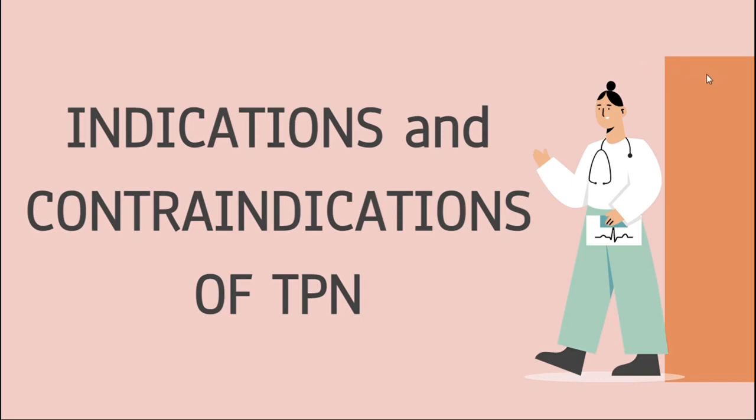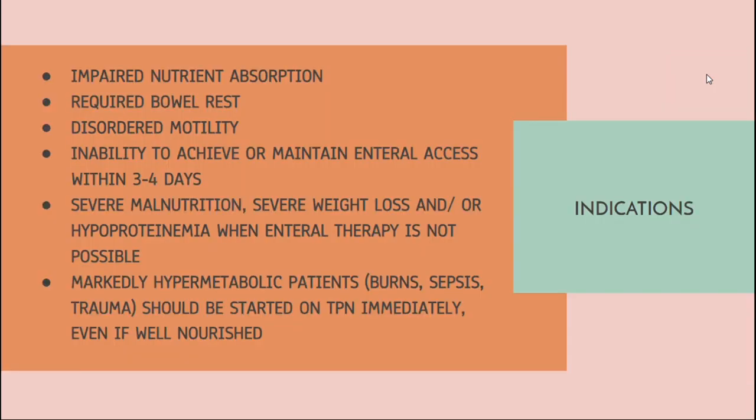Indications and contraindications of total parenteral nutrition. Indications of TPN. First is impaired nutrient absorption, such as short bowel syndrome, enterocutaneous fistula, where distal access cannot be established, or small bowel obstruction.